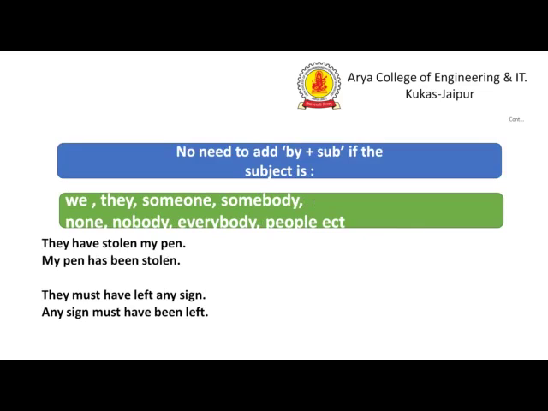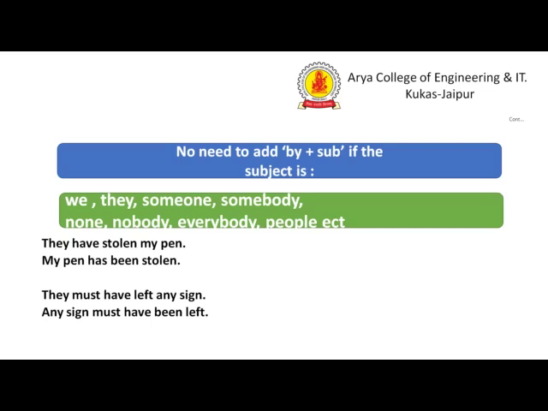Now, there is no need to add "by" if the subject is we, they, someone, somebody, none, nobody, everybody, people, etc. If the sentence has these words, we cannot add "by". Here you can see the example: they have stolen my pen.